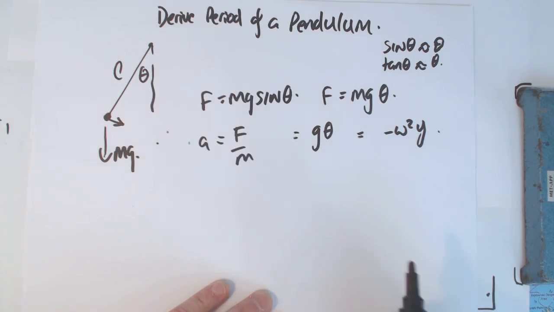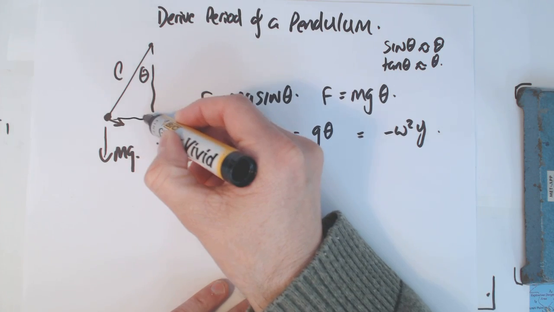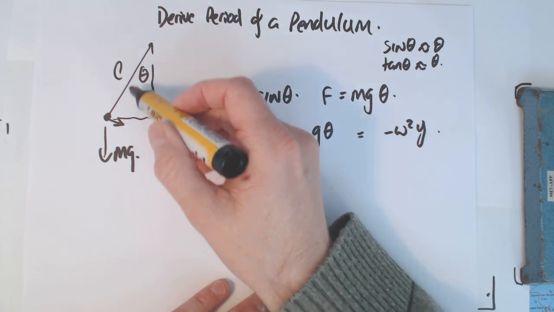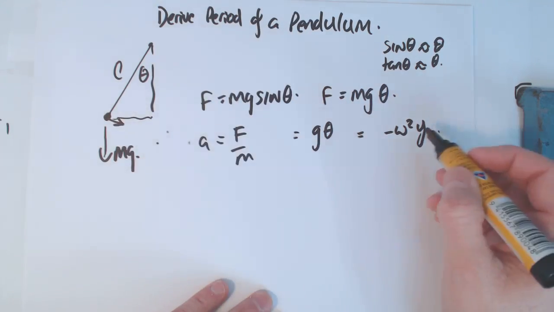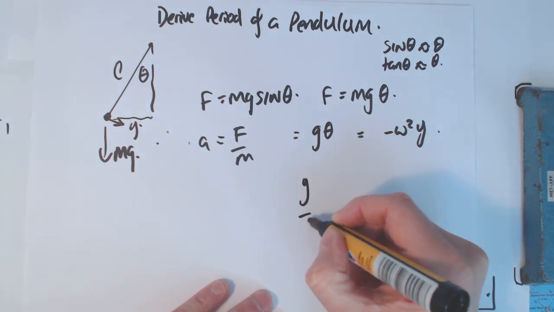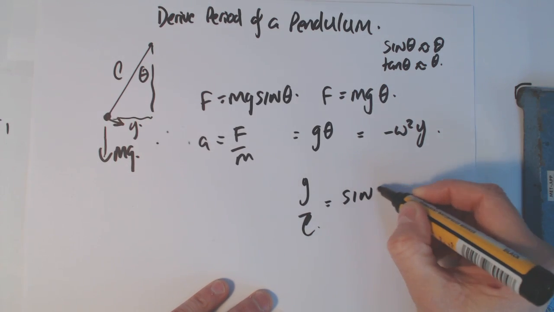Another thing we can also say is that theta here we can write in terms of L and distance away. If this is the hypotenuse, then the sine of theta would be displacement y over L. So y over L is going to be equal to the sine of theta.